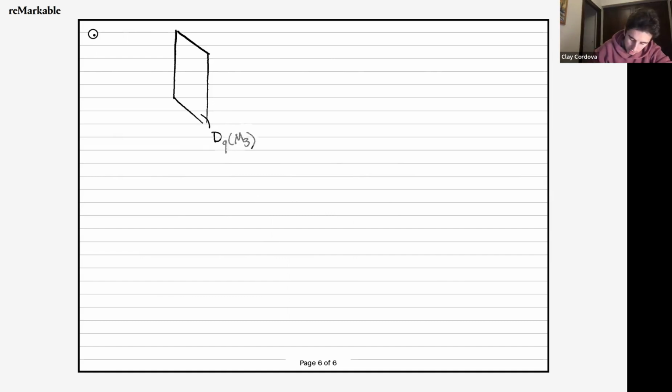Let me do the k case, it's easier. And here's my little 't Hooft loop. And now I try to do the same thing and pass this M3 through this loop.